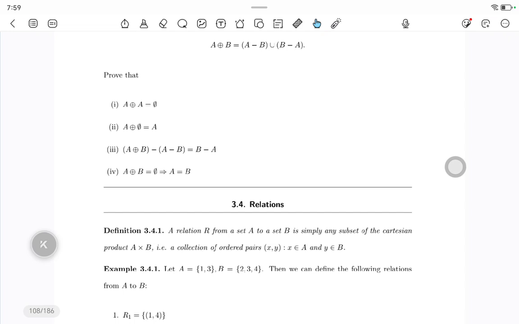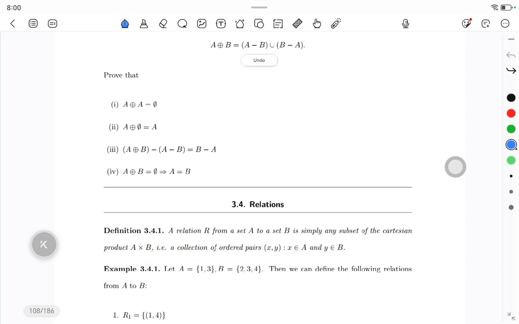This is a collection of ordered pairs (x, y) such that x is an element of A and y is an element of B. So when we are proving relations, we're going to be forced to use ordered pairs, which we'll look at to see which relations those are.